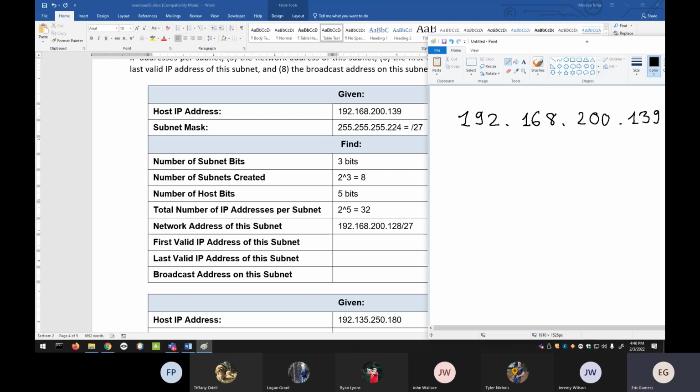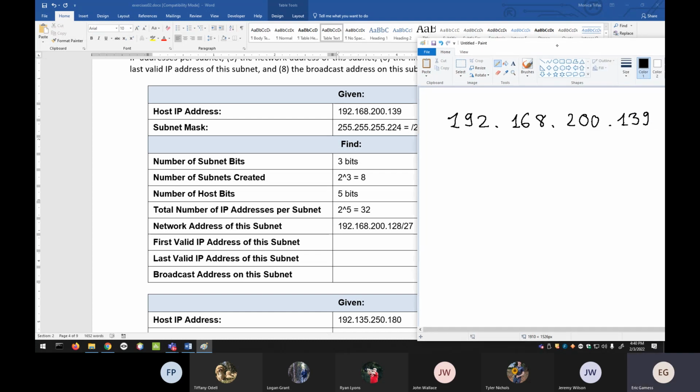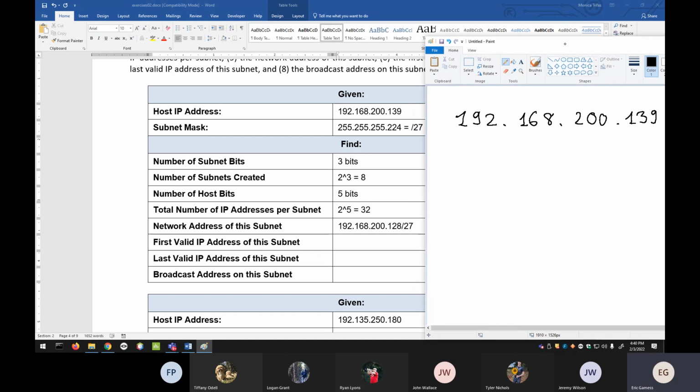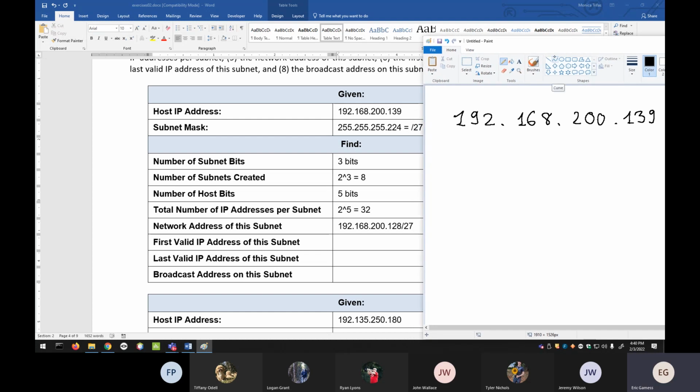If I want to know to which network this IP address belongs, I have to do the bitwise AND with the subnet mask, 255.255.255.224. So what will be the result of the first byte?